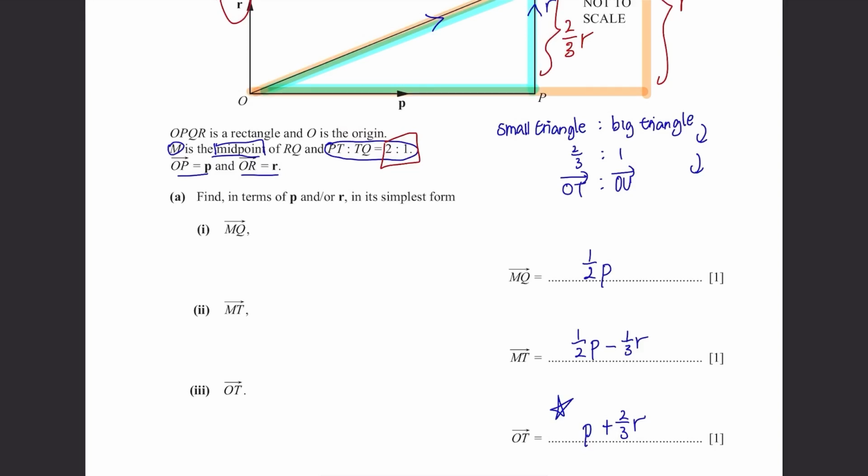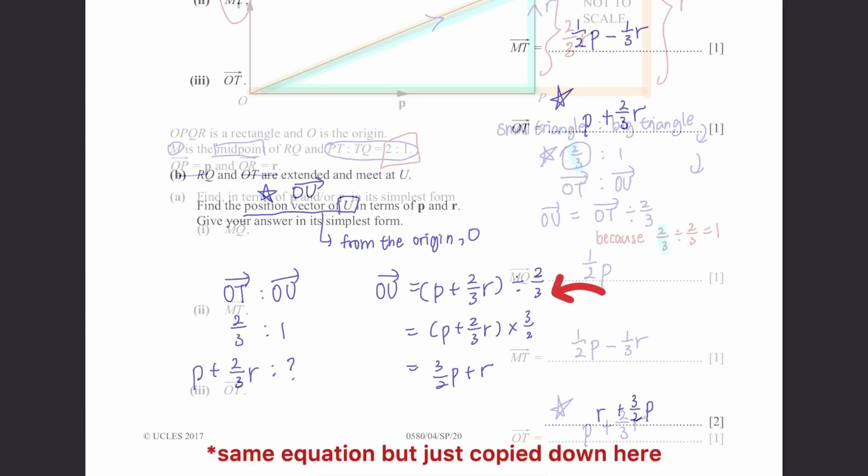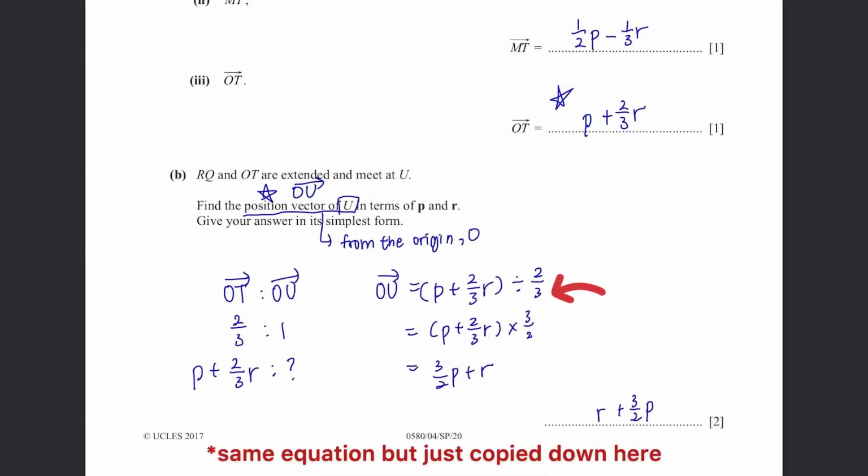We found this from the previous question, and it stands for 2/3. Therefore, to find OU, you need to divide it by 2/3. And the final answer is r plus 3/2 p.